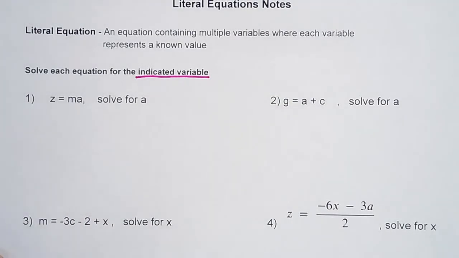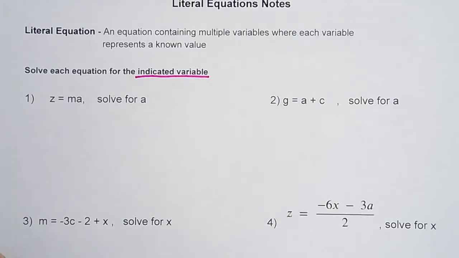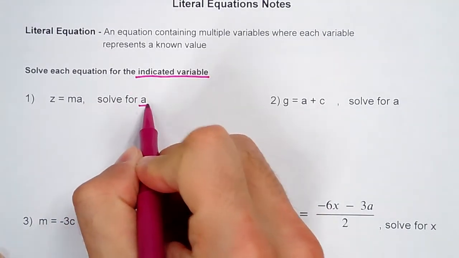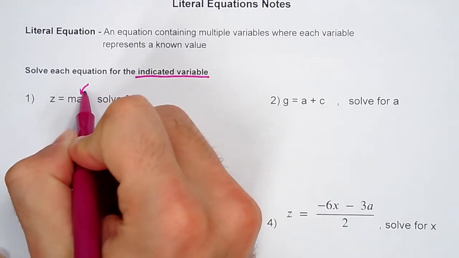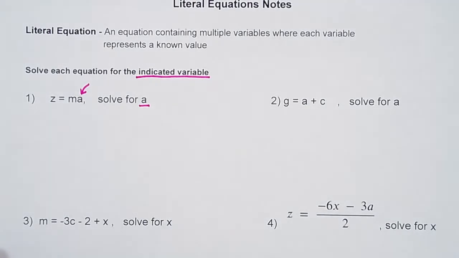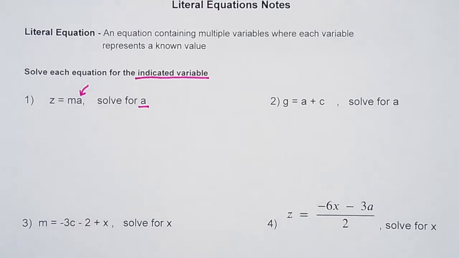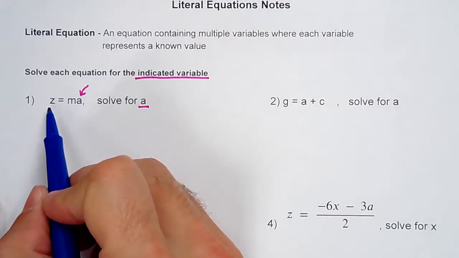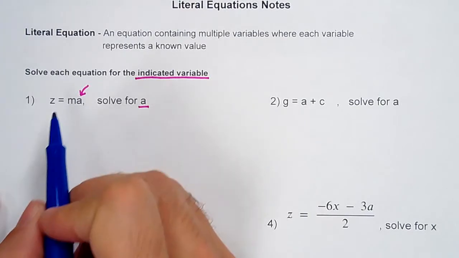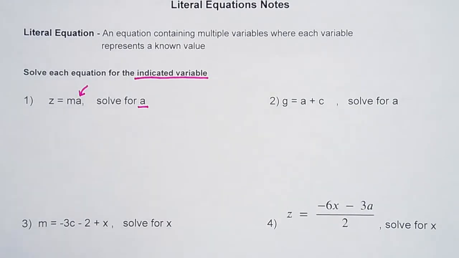So in example one, z equals m times a, it wants us to solve for a, which means a is the variable we want isolated. Everything has to move away from the a. Now, z equals m times a, multiplying by m.